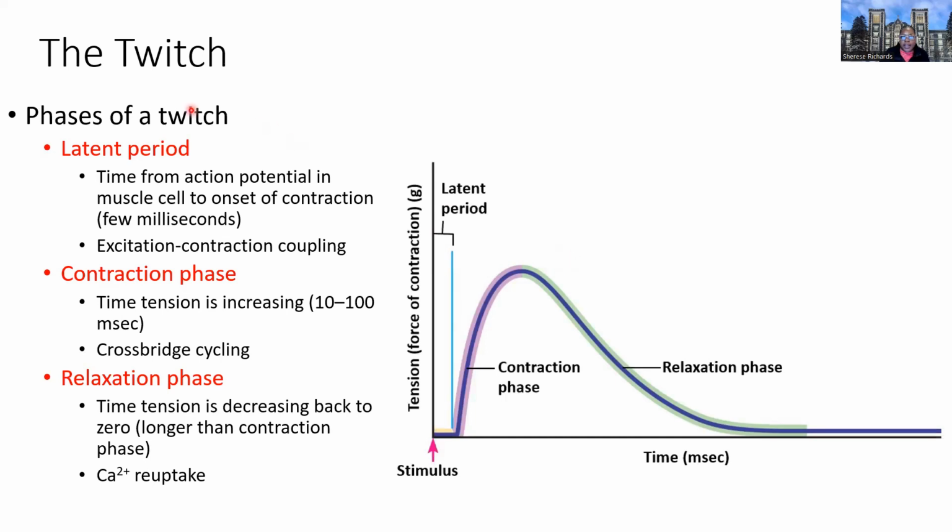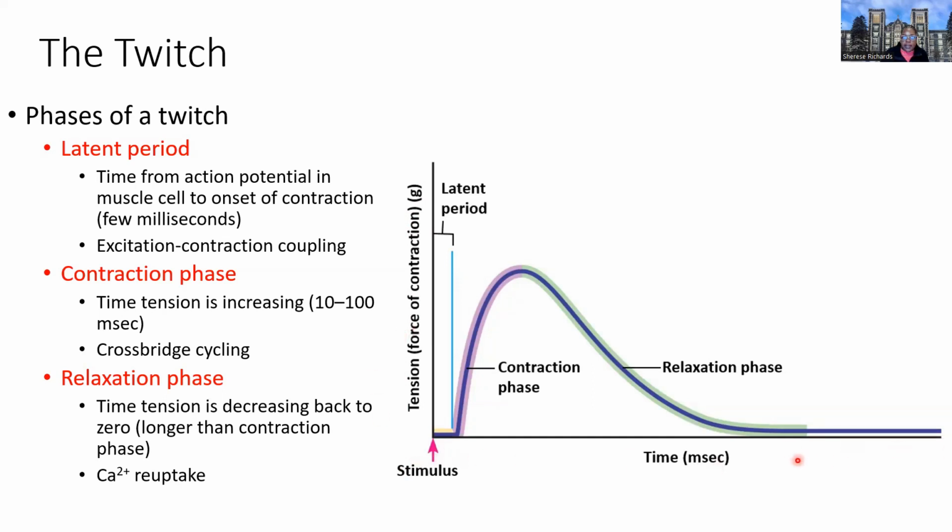Now, we can divide the twitch into various phases depending on the internal cellular events that are happening. The first phase is the latent period. And this is the phase where we have no force generation yet. So on this graph, we're looking at tension, which is another way to say the amount of force generated when that muscle contracts, versus time, right?